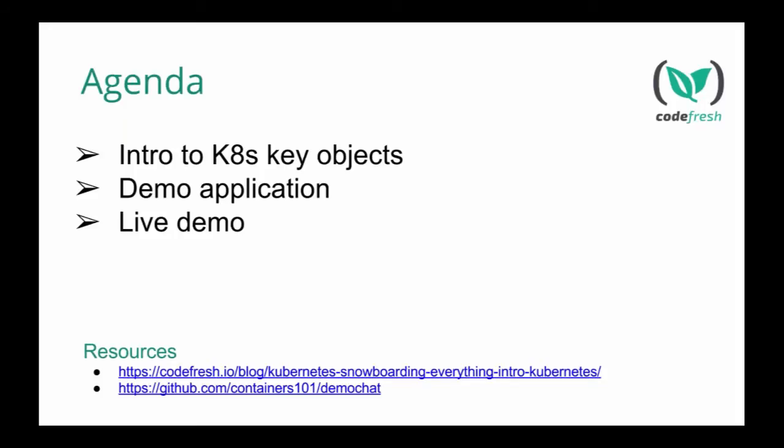We're going to do it through a live demo, and then we'll open it for question and answer. Some resources that are available: I've posted a blog that walks through similar steps, and you can find the link for that blog here. Also, the application that we're going to use for the demo is on github/containers101/demo chat. That's the application we will use in the demo today.